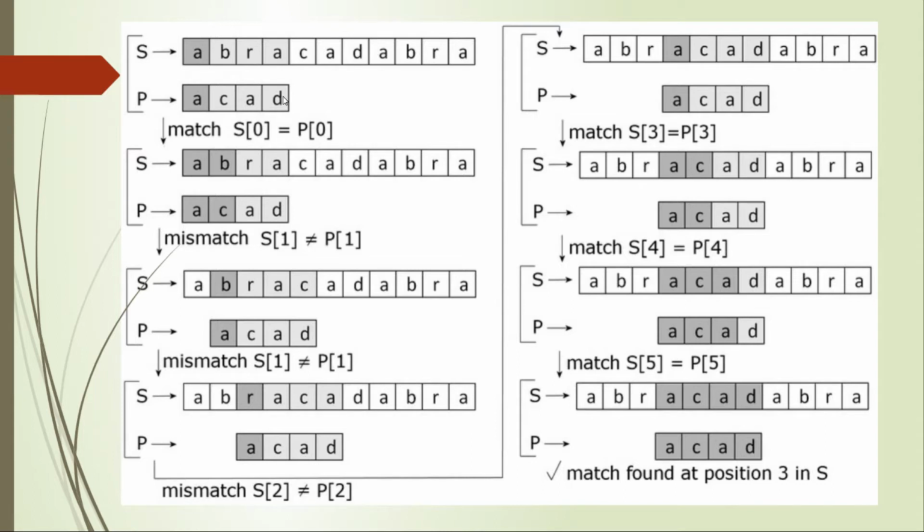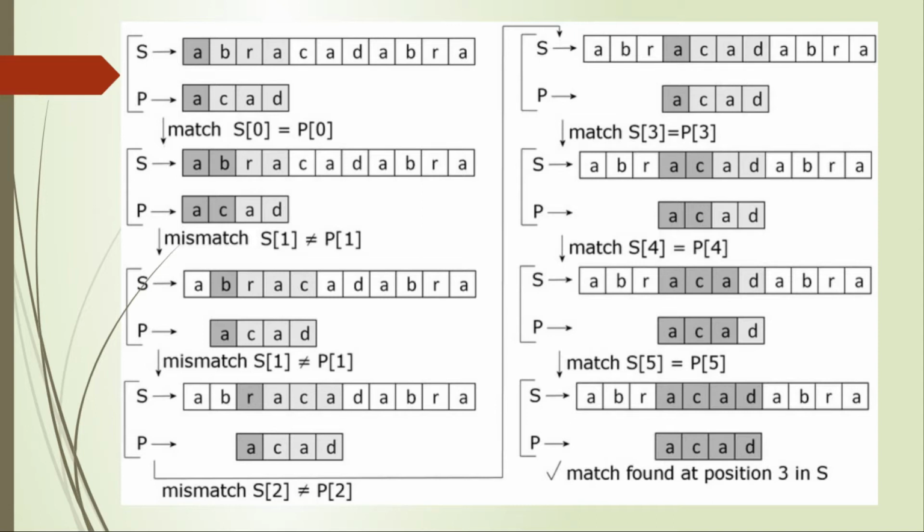I want to match this pattern ACAD inside this string of 11 characters. One by one, every character will be matched. If there is a mismatch found at any position, then that pattern will be shifted by one position to the right. This is how this works.